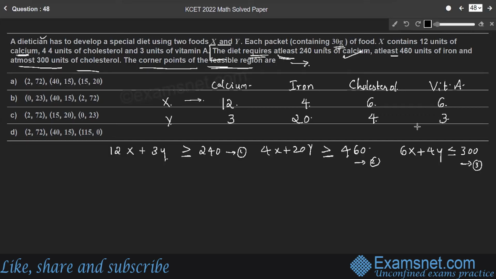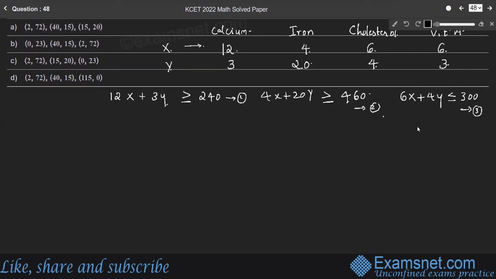Solving 2 and 3, you will get another point of the feasible region. Solving 1 and 3, you will get one more point. We'll consider equations 1 and 2 first, and solve for x and y.